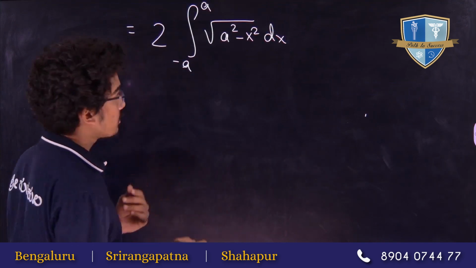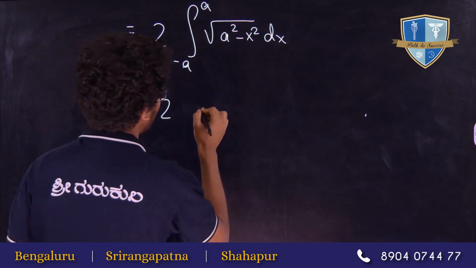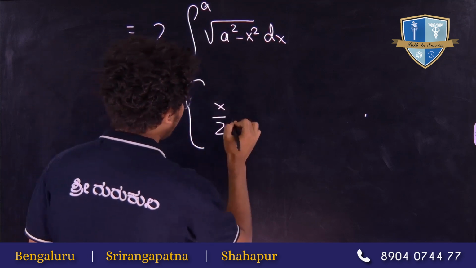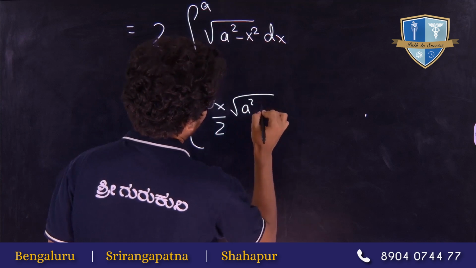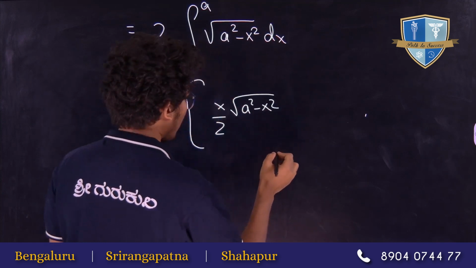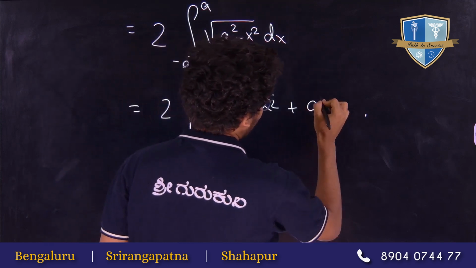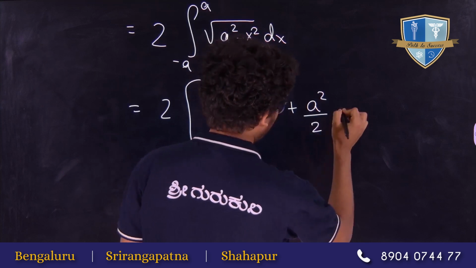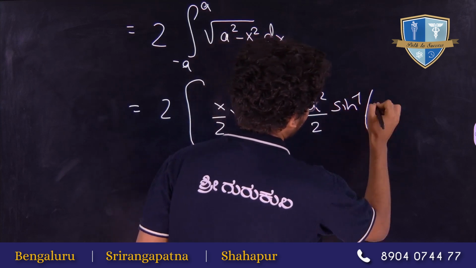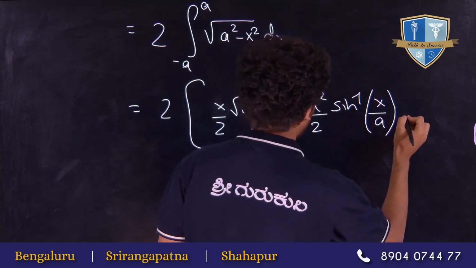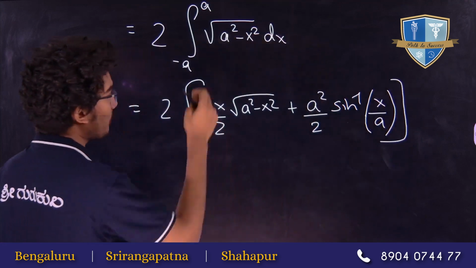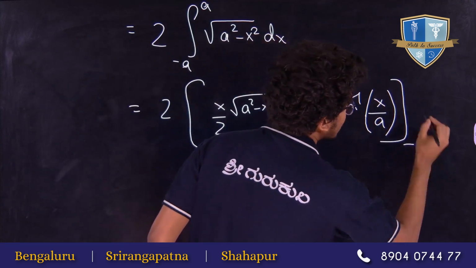Now the integration of this will become 2 times x upon 2 into root of a square minus x square, plus a square by 2 into sine inverse of x divided by a. This is the integration of root of a square minus x square, and we put the limits from minus a to a.